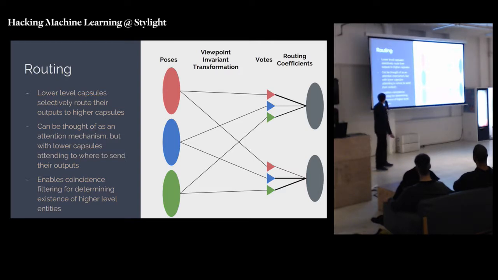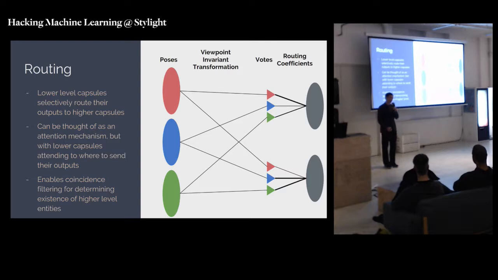So this is how it's done. Again, there's going to be a little bit of vocab here, and unfortunately it's not the most transparent vocab. Let's assume we start from the poses of the lower level capsules. After you apply the part to whole relationship through this weight matrix, you get the vote. Every lower level capsule sends a vote to every capsule in the layer above. Of course, this no longer becomes the case if you want to share weights as convolutional neural networks do. But for the moment, let's just assume that every capsule in layer L sends one vote to every capsule in layer L plus 1.